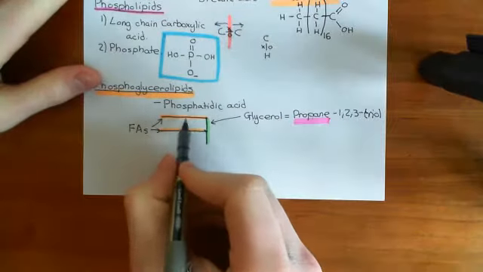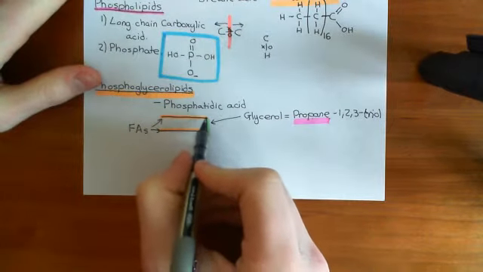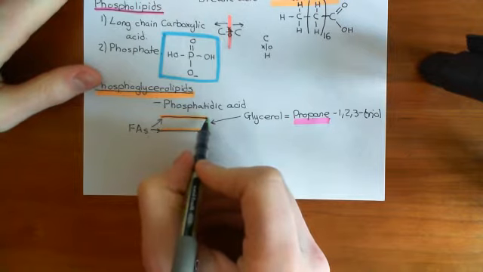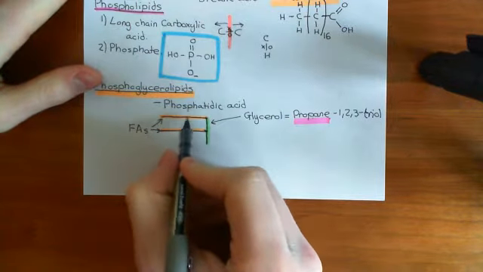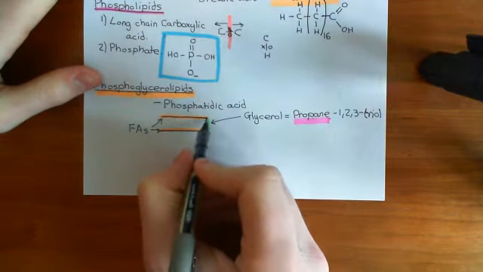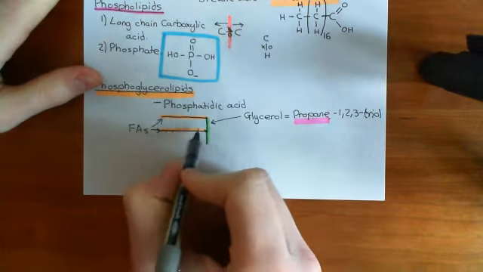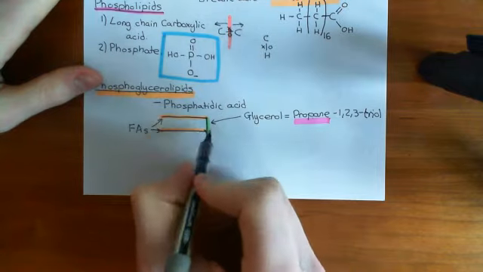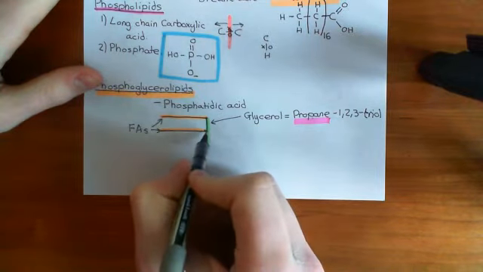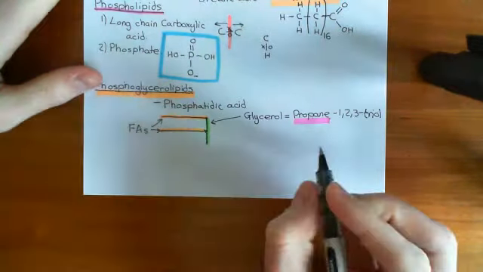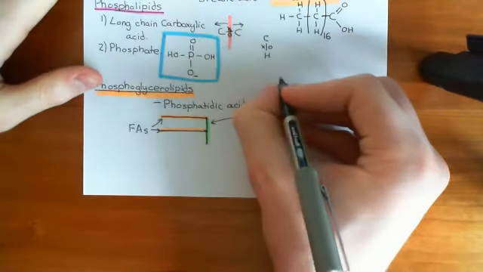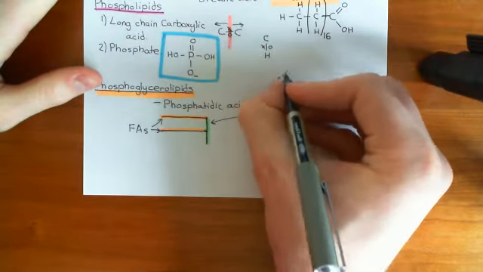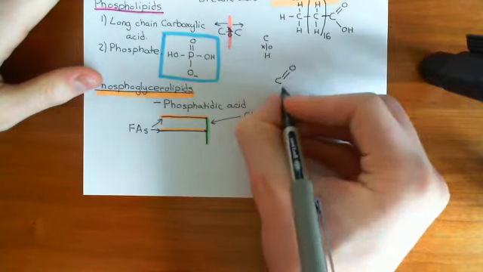So we are attaching a long-chain carboxylic acid to the alcohol group that comes off the first carbon of the glycerol molecule, and also a long-chain carboxylic acid to the alcohol group that comes off the second carbon. This attachment is going to be done via an esterification reaction.